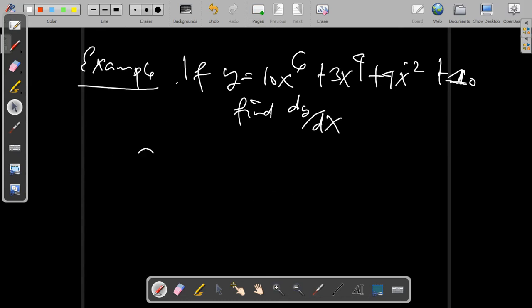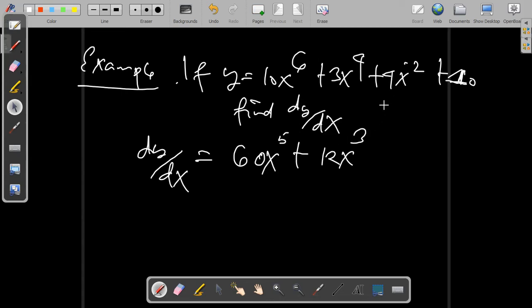The answer will be dy over dx is equal to 6 times 10, which is 60x raised to the power of 6 minus 1, which is 5, then plus 4 times 3, which is 12x raised to the power of 3, then plus negative 2 times 4, which is negative 8x raised to the power of negative 2 minus 1, which is negative 3, as you observe. So this will be the answer. The 10 is a constant, so any constant when you apply the derivative, the answer is equal to 0. So this is the answer.